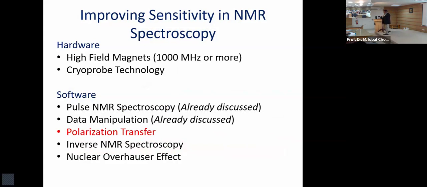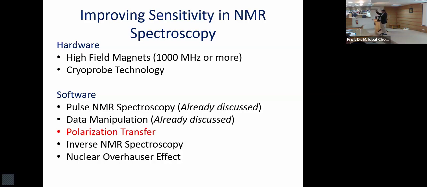But carbon-13 is about 6,400 times less sensitive. Gyromagnetic ratio of carbon-13 is 1/4 of proton. Proton is more sensitive, and carbon-13 is less sensitive. Carbon-13 signal would be very weak.